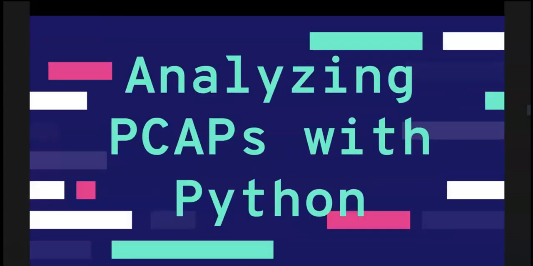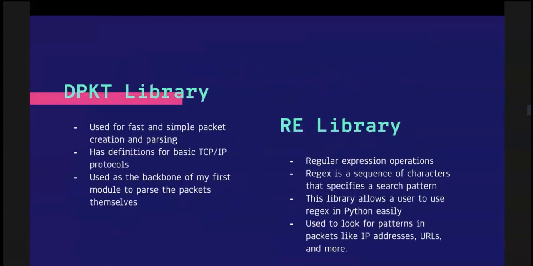So this comes down to analyzing PCAPs with Python, which is what I chose to do my project this semester on in one of my master's classes. I utilized several libraries, but the main ones that I used were the dpkt library and the re library. The dpkt library is used for fast and simple packet creation and parsing and has definitions for basic TCP and IP protocols and is used as the backbone of my first module to parse the packets themselves.